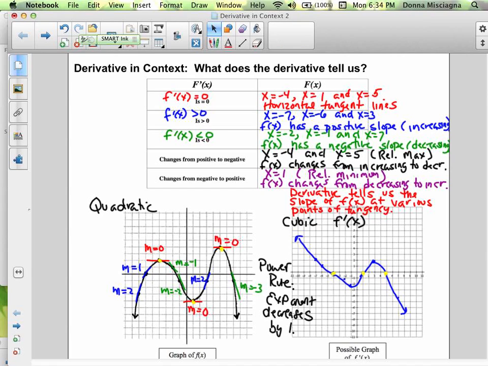Here where our graph is increasing, right? And it's increasing from negative infinity all the way to 1, 2, 3, 4, right? Our graph is increasing. Notice that we are above the x-axis.